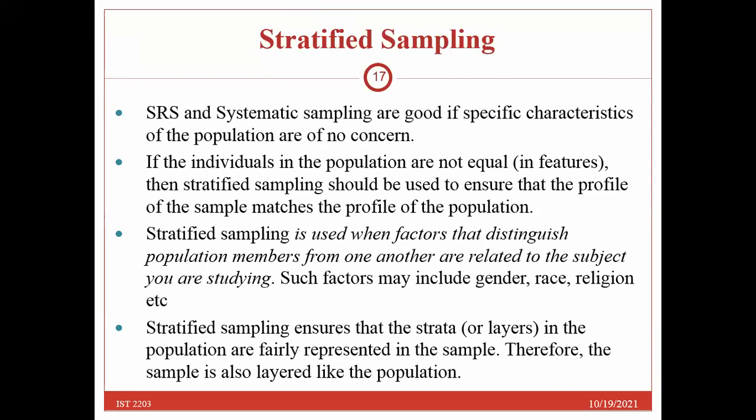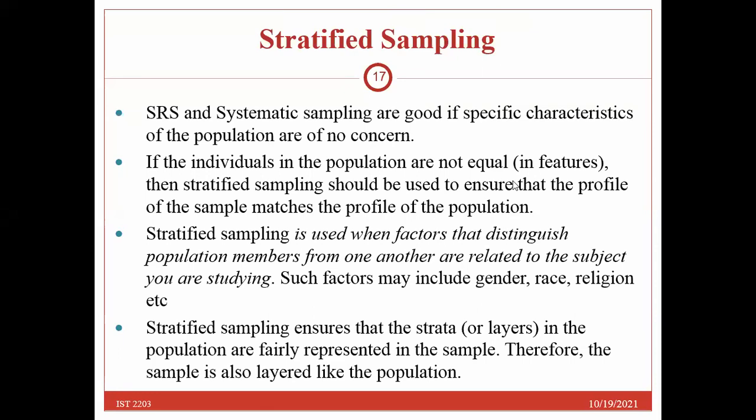However, if the individuals in the population are not equal in features, then stratified sampling should be used to ensure that the profile of the sample matches that of the population. Stratified sampling is used when factors that distinguish the population members from one another are related to the subject you're studying. Such factors include gender, age, race, religion.